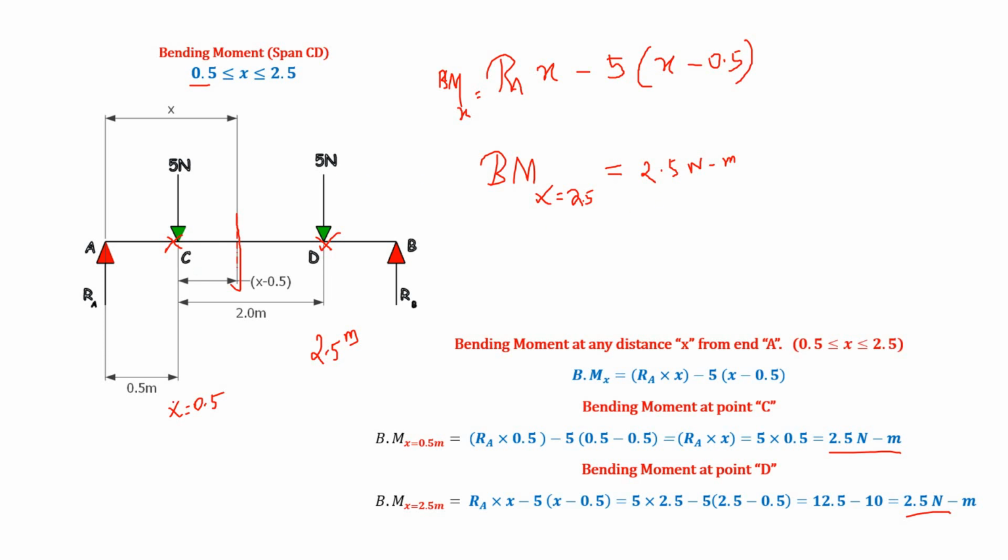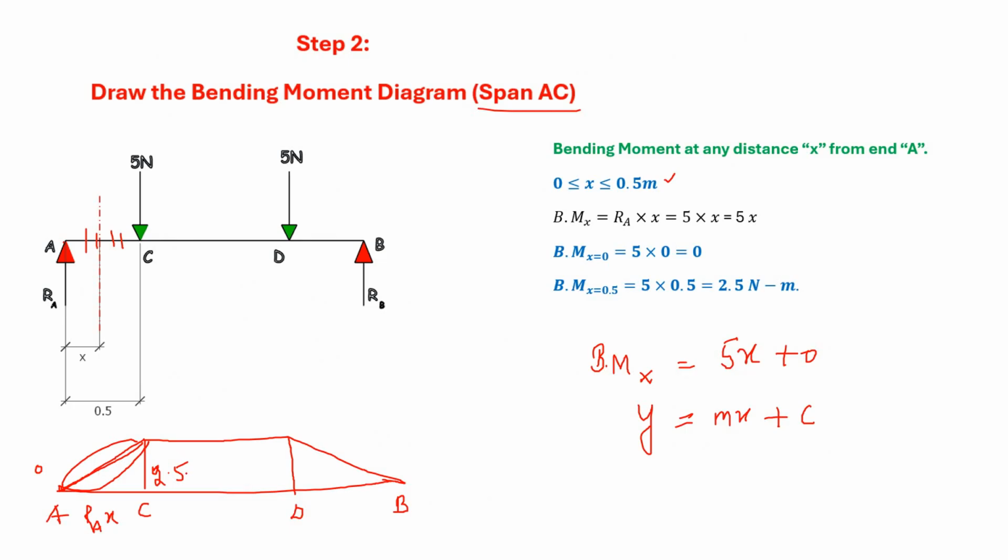You can see that at this point the value is 2.5 Newton meter, and at this point it is 2.5 Newton meter. So these are constant. You can verify that here it is also 2.5, as I told you earlier.